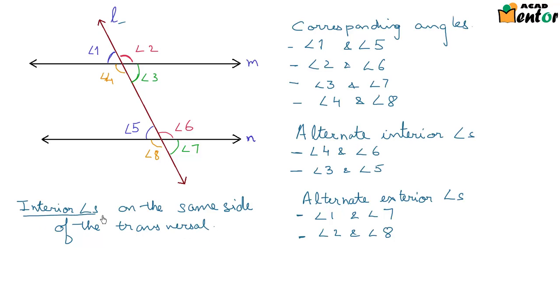Now first of all, they are interior angles, hence they are either out of 4, 3, 5 or 6, and they are on the same side of the transversal. That means angle 4 and angle 5 are two interior angles on the same side of the transversal. What could be the other pair? Yes, angle 3 and angle 6. So those are your 4 types of angles that we've named and we'll mostly talk about.